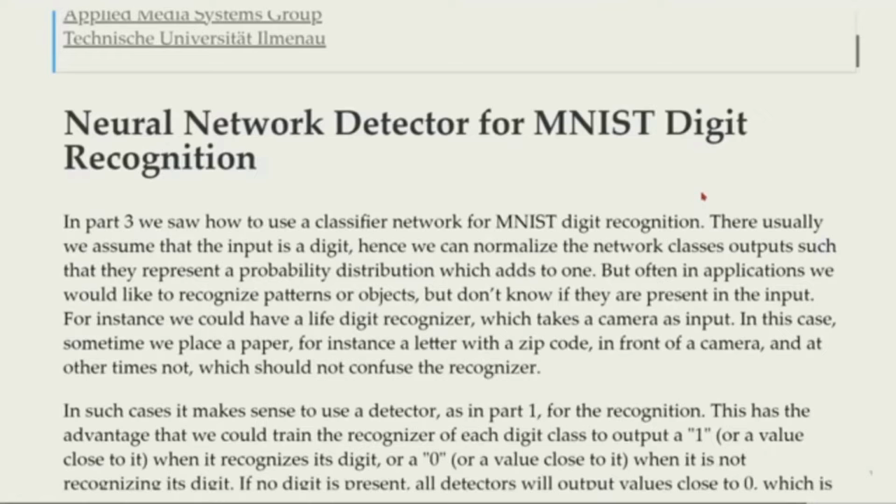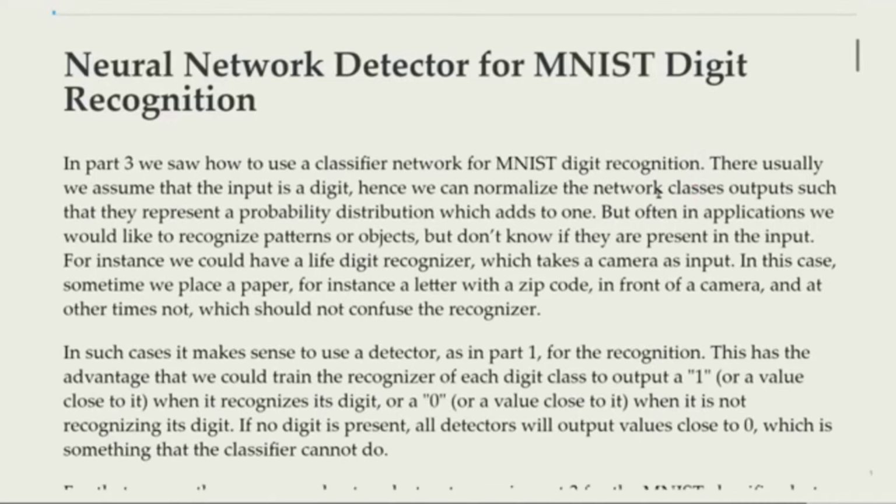In the last part, in part 3, we saw how to use a classifier network for the MNIST digit recognition. This time, we will change our strategy and use a detector for the MNIST digit recognition.